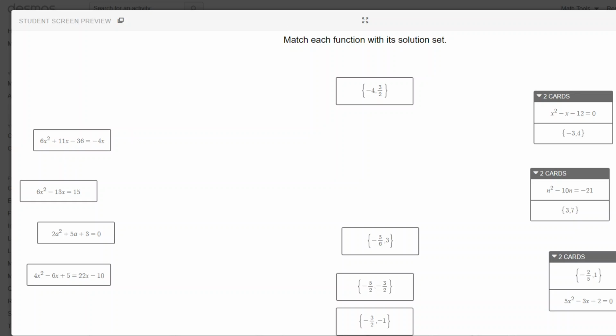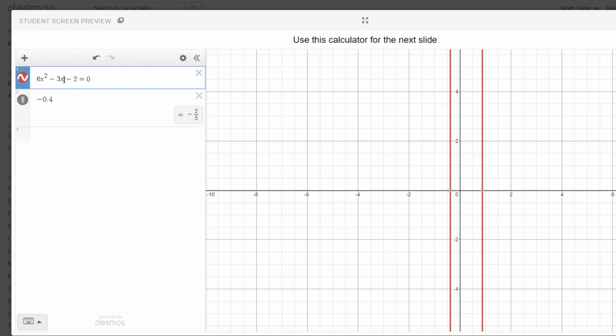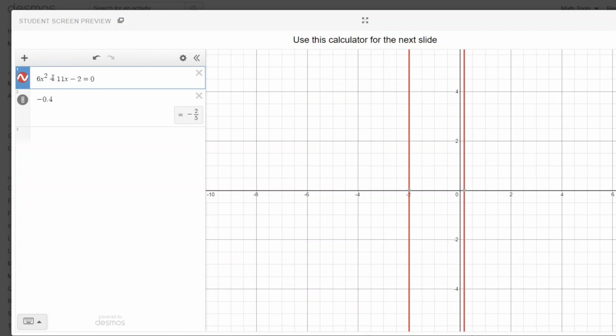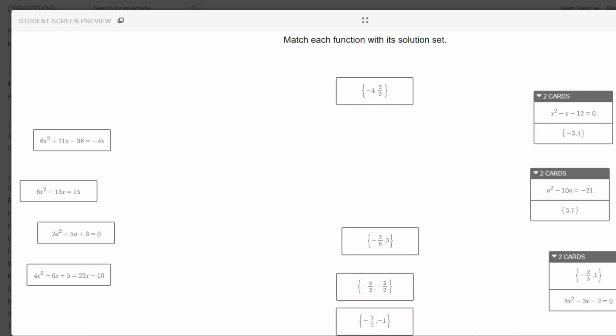All right, next one, 6x squared plus 11x minus 36. And there was another part to this question as well. I think it equals -4x.